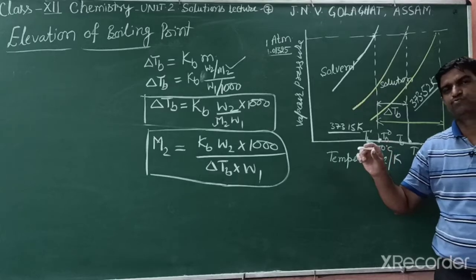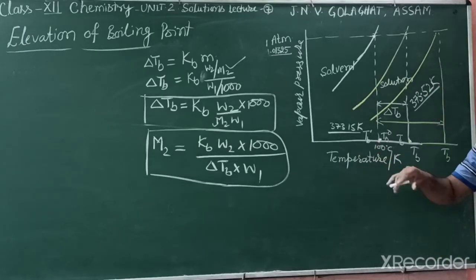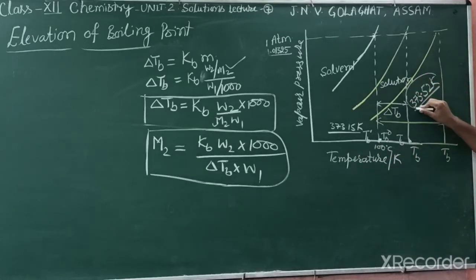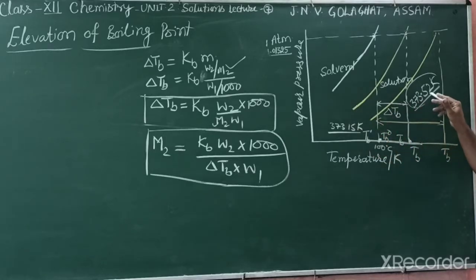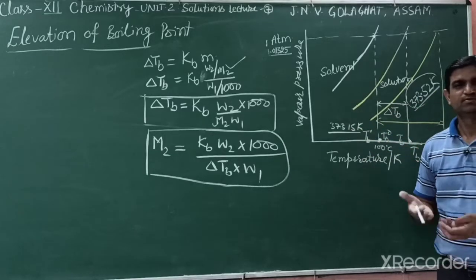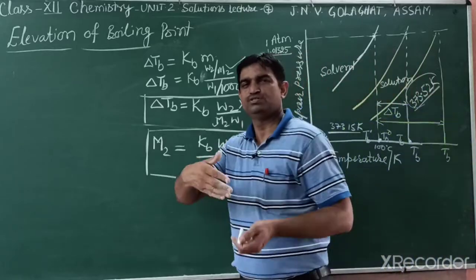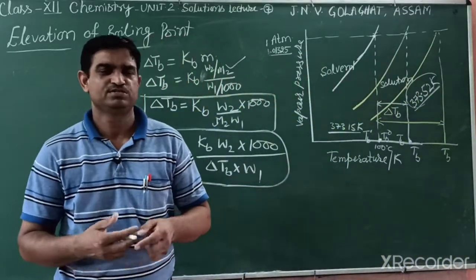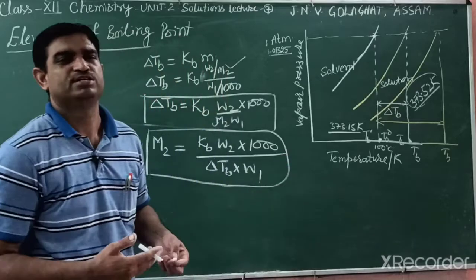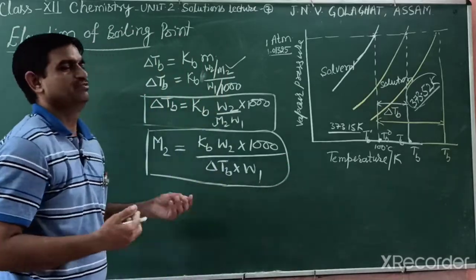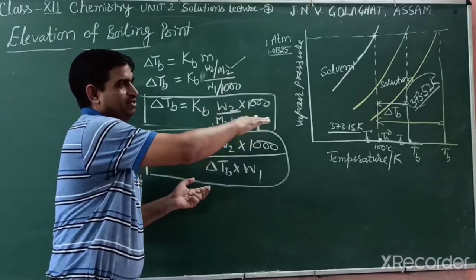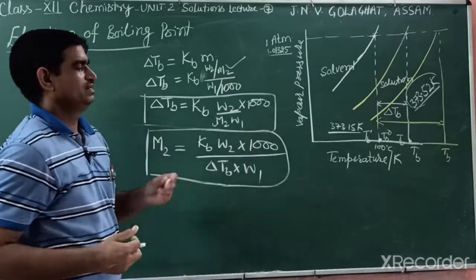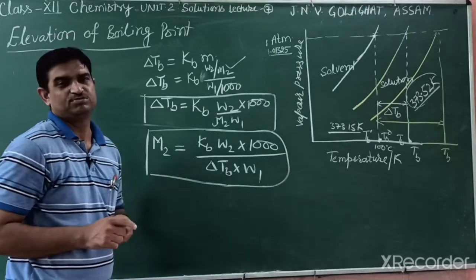But if you mix 1 mole of sucrose in water, the boiling point increases to 373.52. It means the elevation of boiling point is not 2 degrees or 3 degrees, it is only a fraction of a degree. In this difference, either degree Celsius or Kelvin, both are equal. We can easily identify this by the numerical.